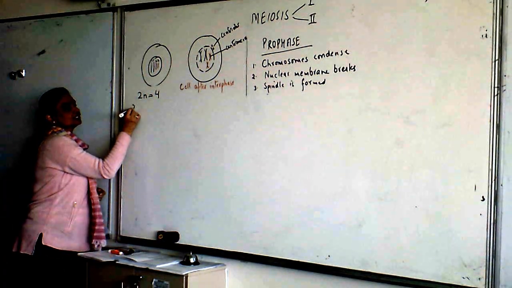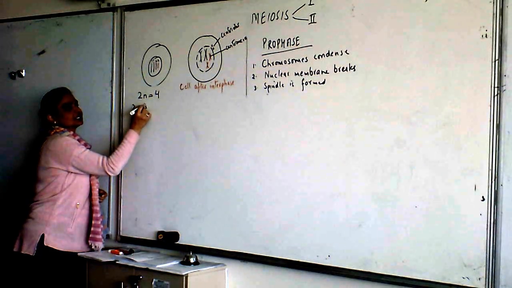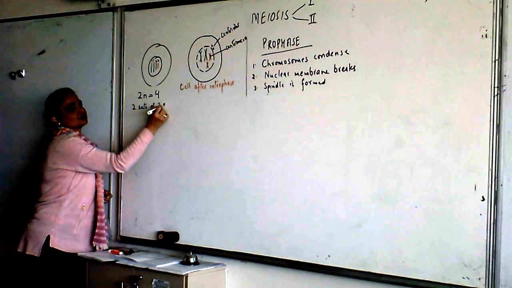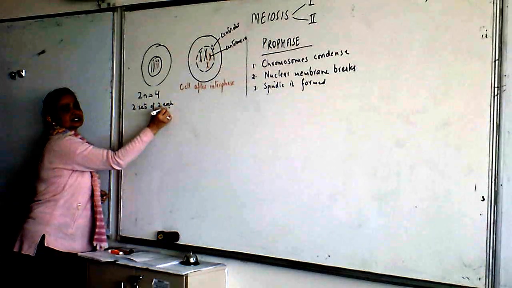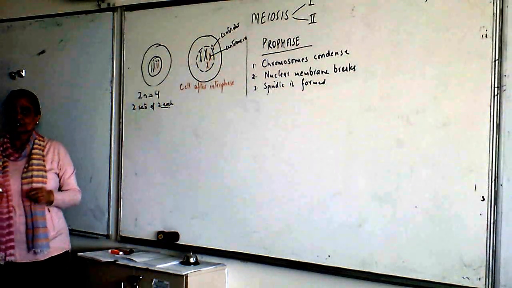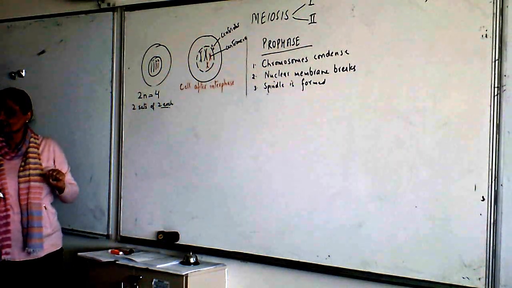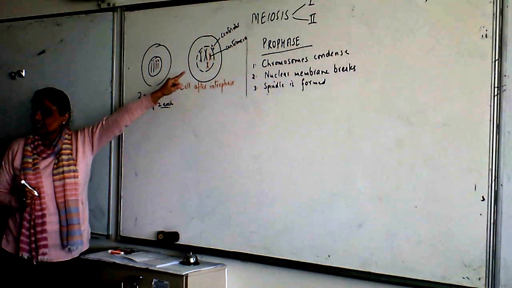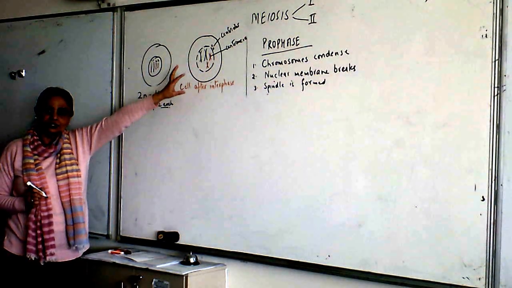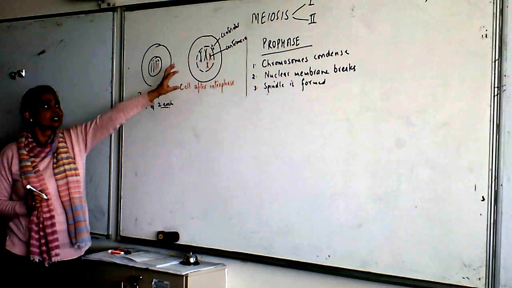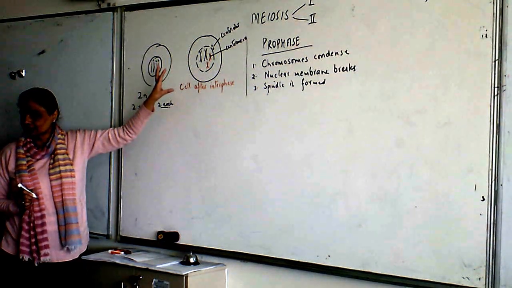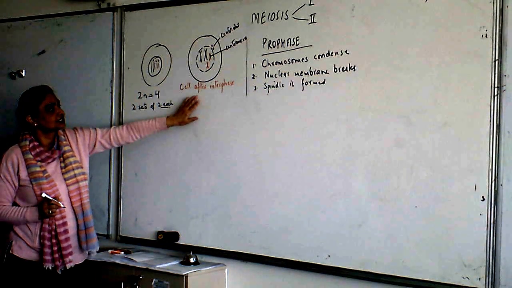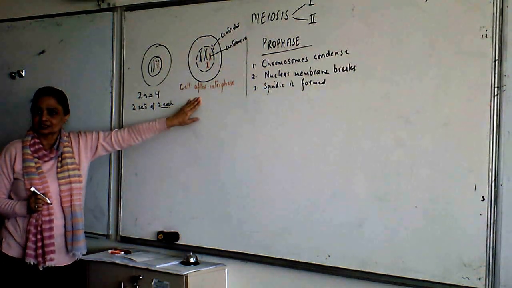So this cell has 2 sets with 2 in each set, so its diploid number is 4. And what is this? The cell after interphase. As I told you, interphase is the same whether it's mitosis or meiosis. So this cell is now ready to go through meiosis.